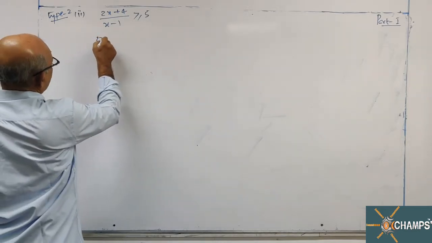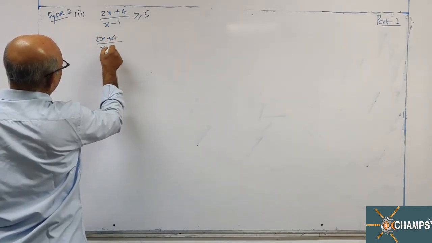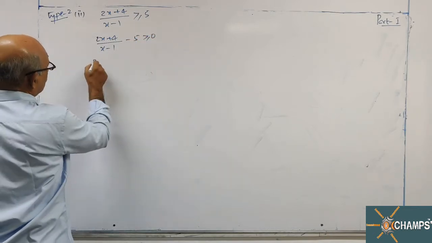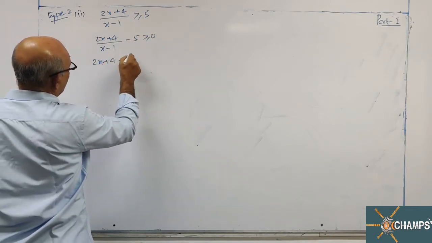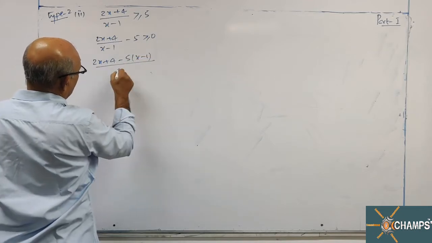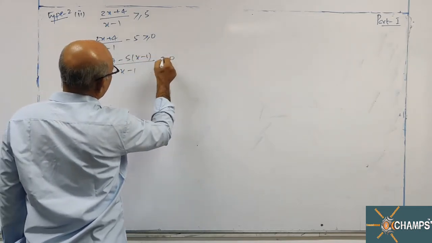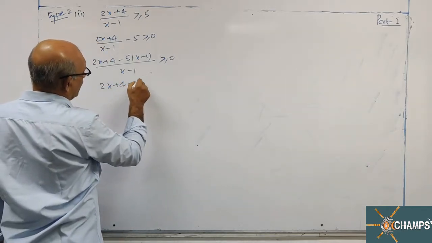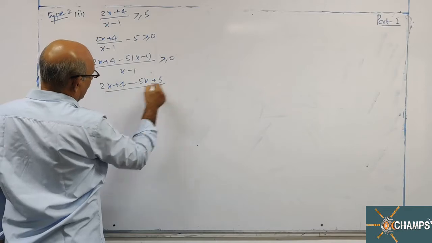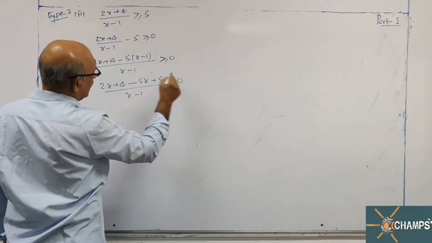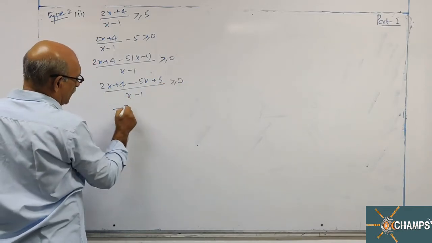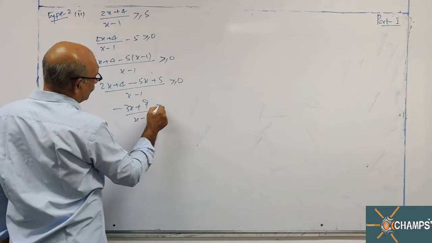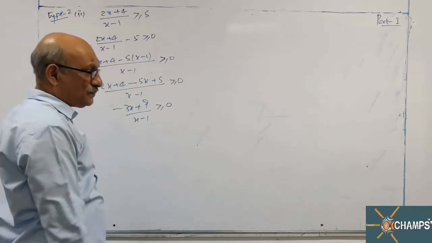So this is 2x plus 4 by x minus 1 minus 5 greater than or equal to 0. 2x plus 4 minus 5 into x minus 1 divided by x minus 1 greater than or equal to 0. 2x plus 4 minus 5x plus 5 divided by x minus 1 greater than or equal to 0. Minus 3x plus 9 divided by x minus 1 greater than or equal to 0.